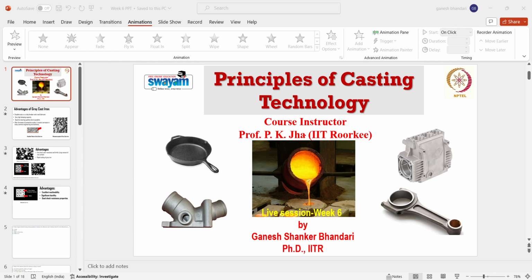This type of cast iron is made by rapid cooling of gray iron, because if you cool gray iron very slowly, the graphite will have time to form graphite flakes. But when you do not provide time for the graphite to diffuse out of the structure, it remains in the form of iron carbide only, so we get white cast iron.